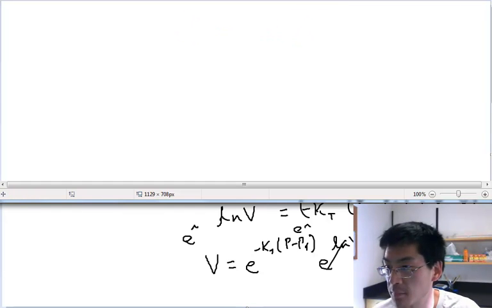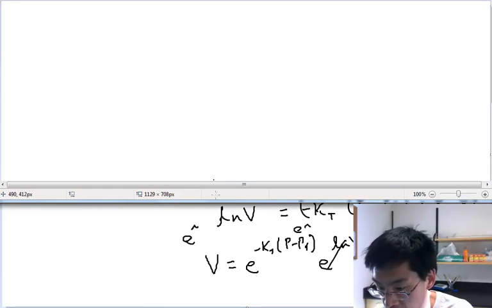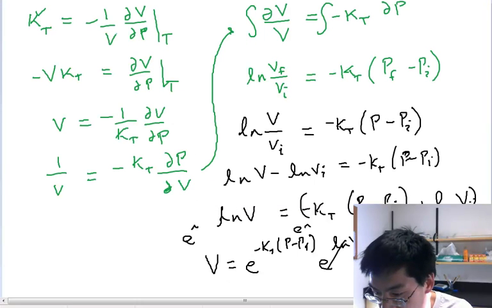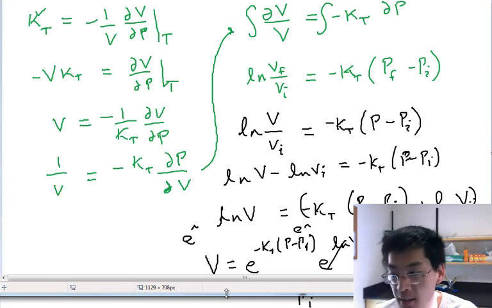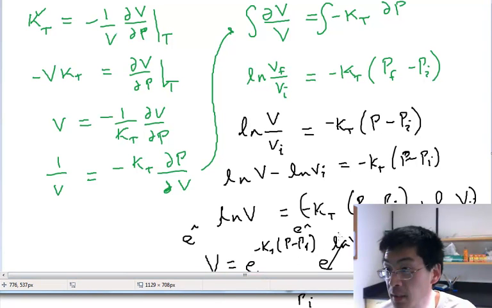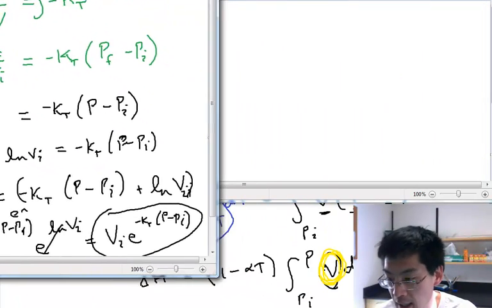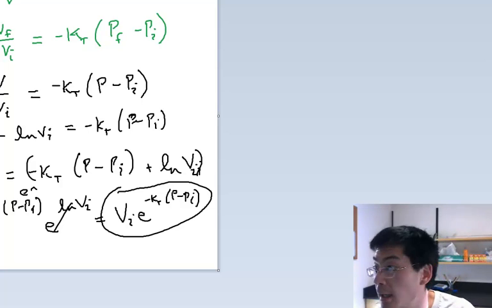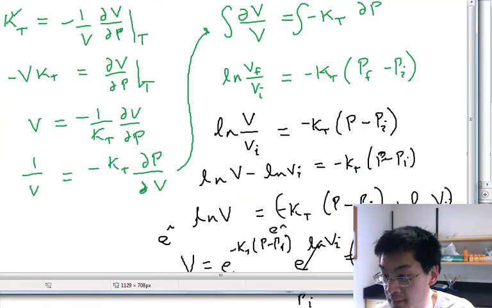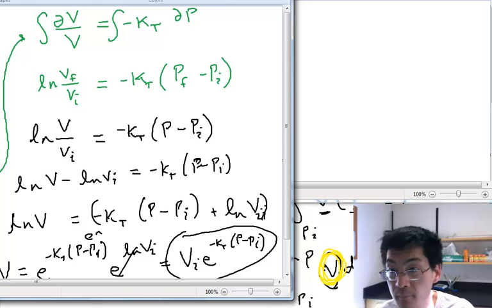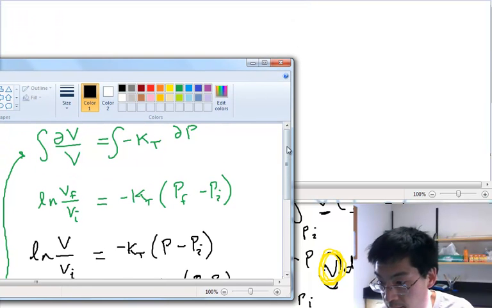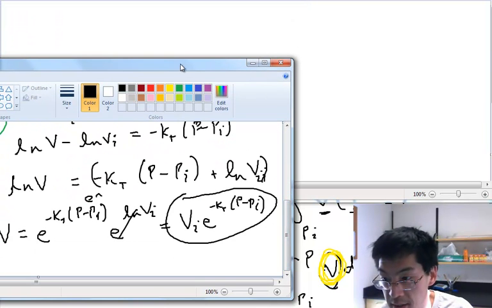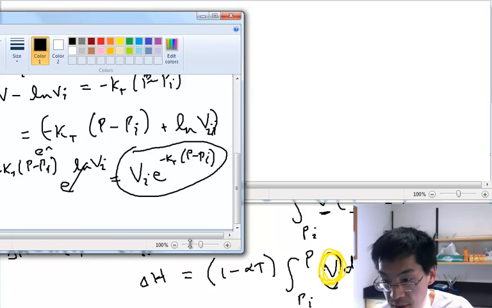All right, so get rid of that. Then continue with the work here. So I have found the V, and it's Vi times this thing here. So I'll put that aside, and let that be substituted in for my expression here for delta H.